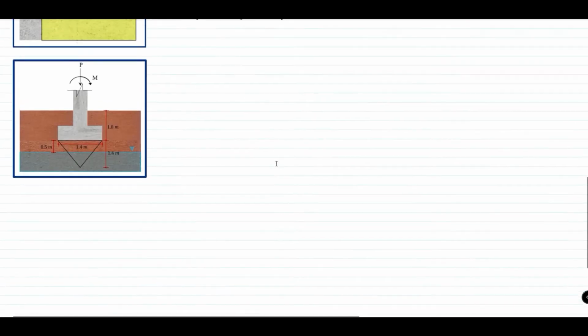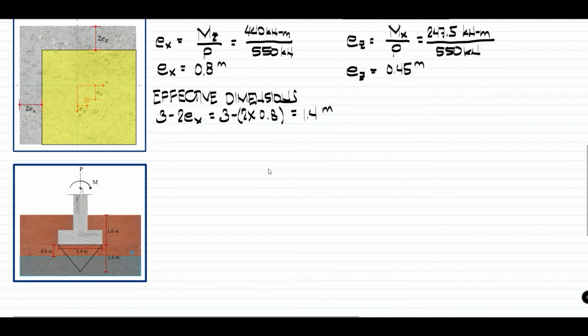The next dimension is 3 minus 2 E sub z. So, that will be 3 minus 2 times 0.45. So, that will be a value equivalent to 2.1 meters. So, yan ngayon yung ating effective dimensions.